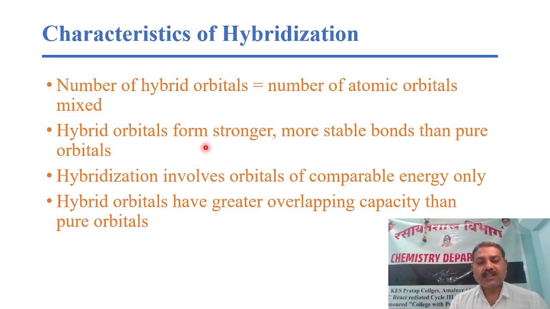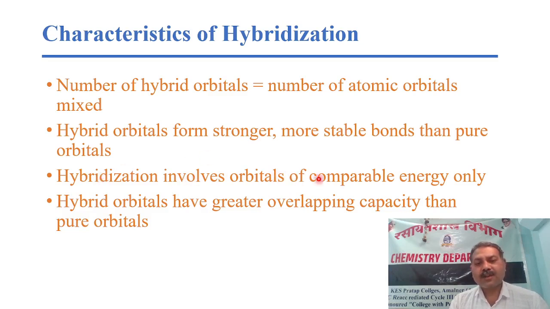We have seen before that in s-s overlap or p-p overlap, the bonds formed are somewhat weaker, while in case of hybrid orbitals, the bonds formed are very strong and more stable because of the maximum overlap of the hybridized orbitals than the pure atomic orbitals.